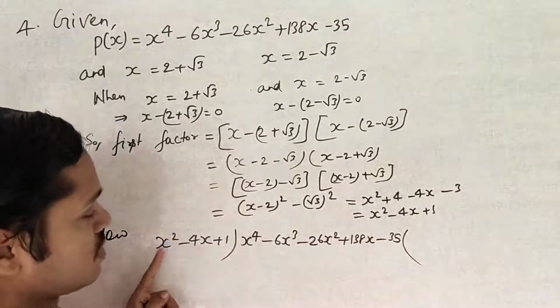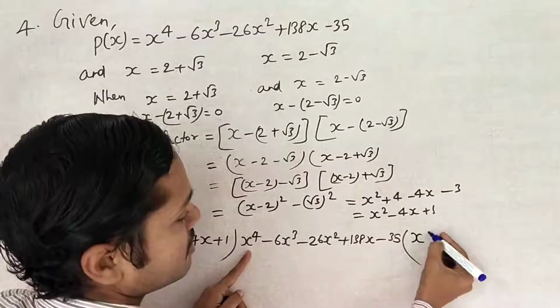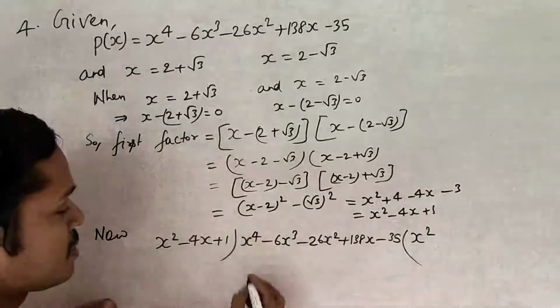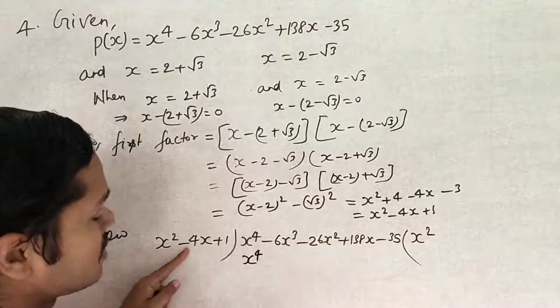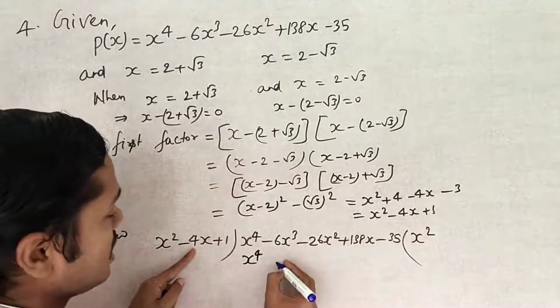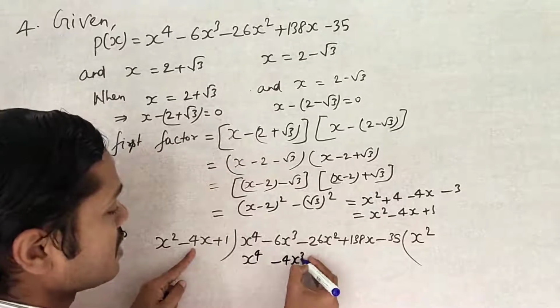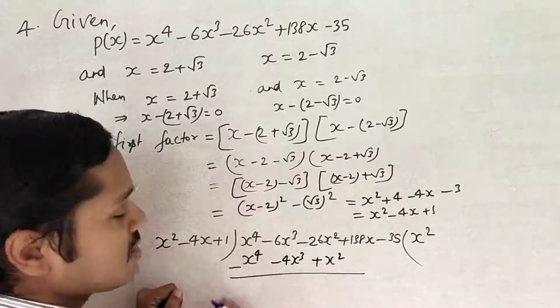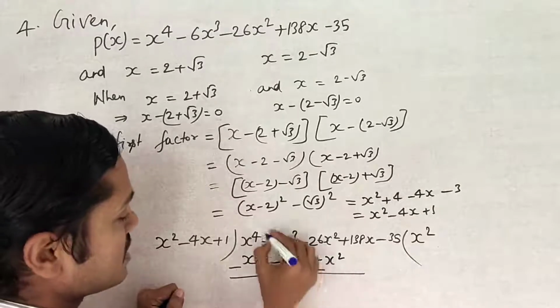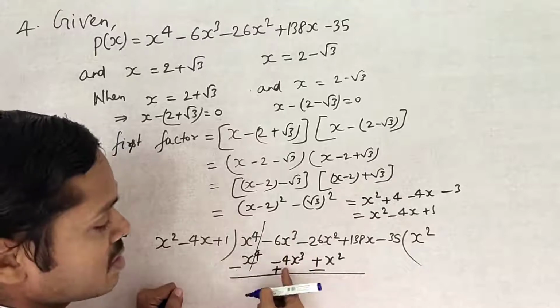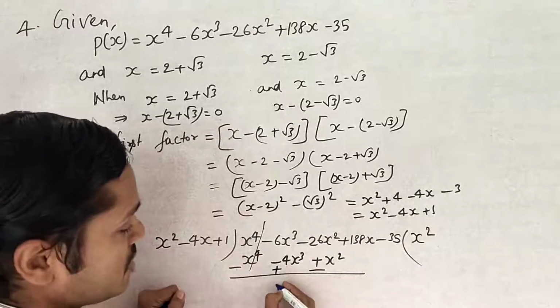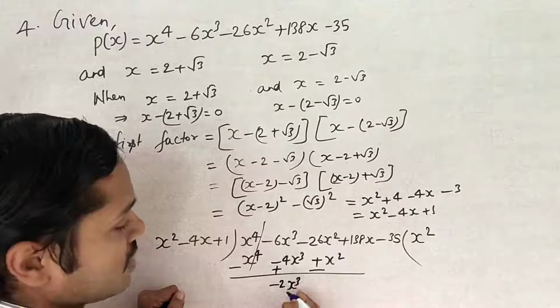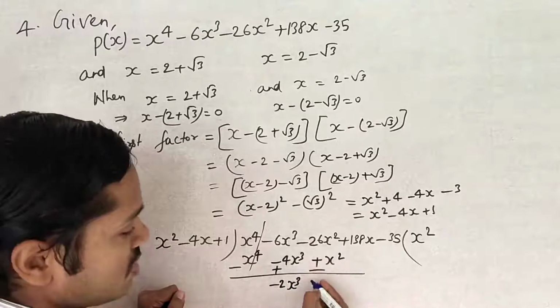Look at the x square, how much? x raised to 4, multiplied by x square, 2 to power becomes 4. Now look at 4x into x square, how much? 4x cube, plus x square. Now this one plus this one minus, cancel. How much? Minus 6x cube plus 4x cube, minus 2x cube. 26x square minus 20x square, how much?